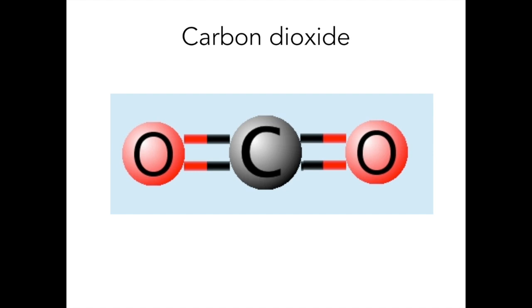Here's carbon dioxide. And we'll talk about carbon dioxide a lot when we talk about cellular respiration and photosynthesis. But for now, what you'll see here is that carbon dioxide, CO2, has 1 carbon atom, and it has 2 sets of double bonds to 2 different oxygen atoms.